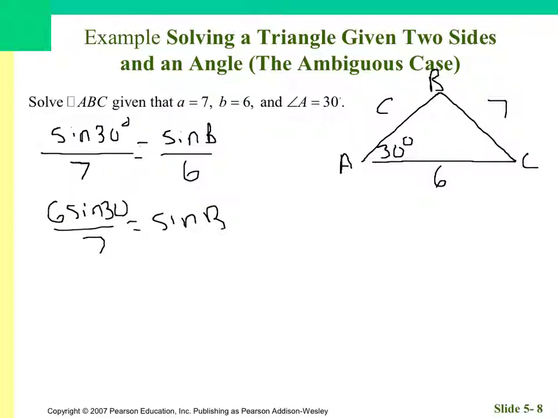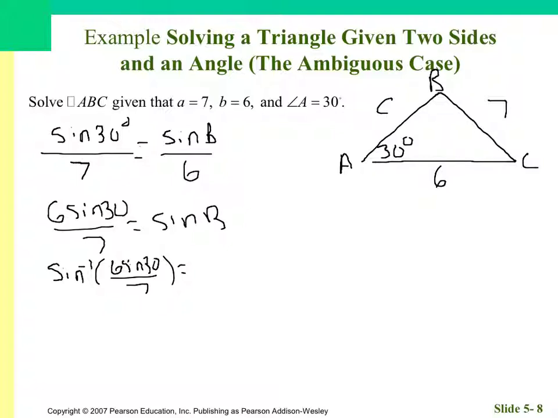How do I get that angle? We've got to do the inverse. So it'd be the inverse sine of 6 times the sine of 30 divided by 7.